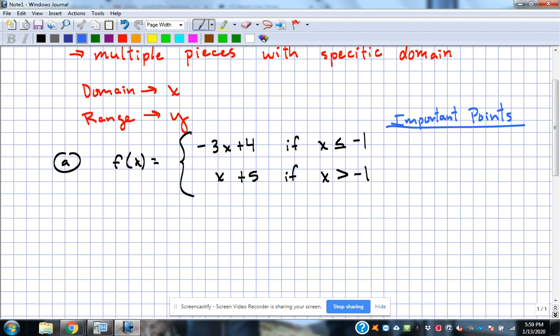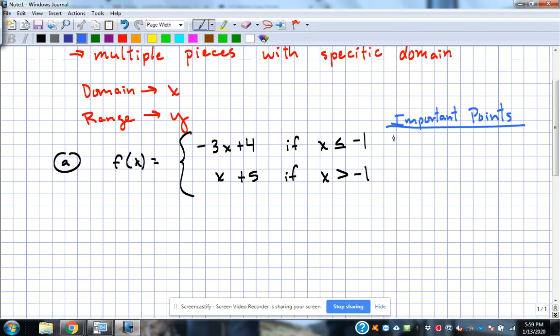Some of them, as we'll see as we go on, are going to have more than one. But each of these has one important point, and that important point is where the x value is listed for the domain. So in this case, it's at negative 1. We need to know where this graph is in terms of y when x is negative 1.